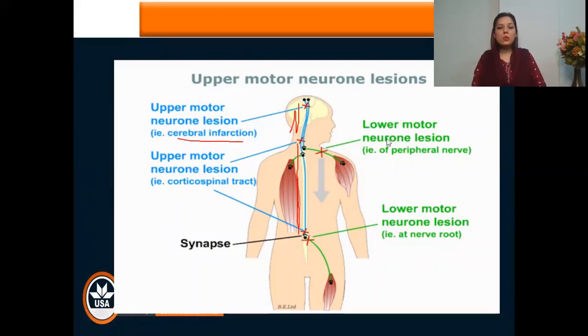The lower motor neurons are after the nerve exits from the spinal canal towards the peripheral muscle. So the part after exiting the spinal cord towards the muscle, and the muscle itself, are all under the lower motor neuron. Fine.